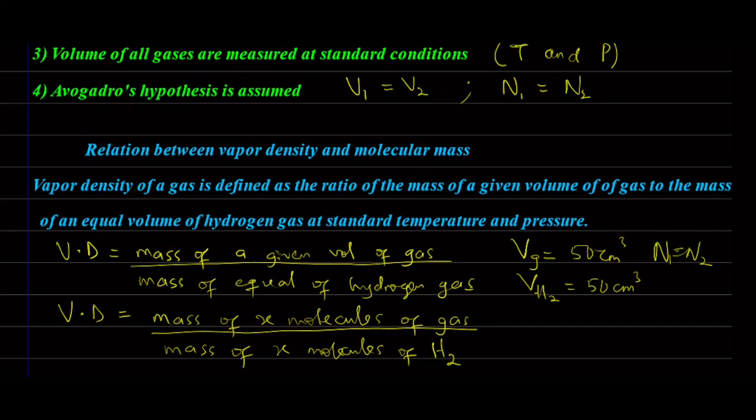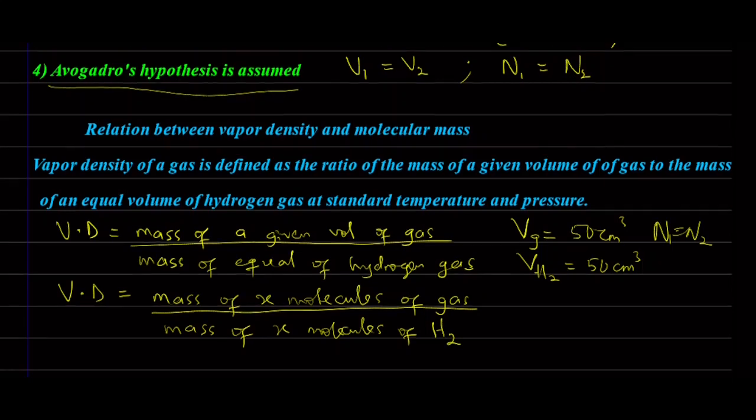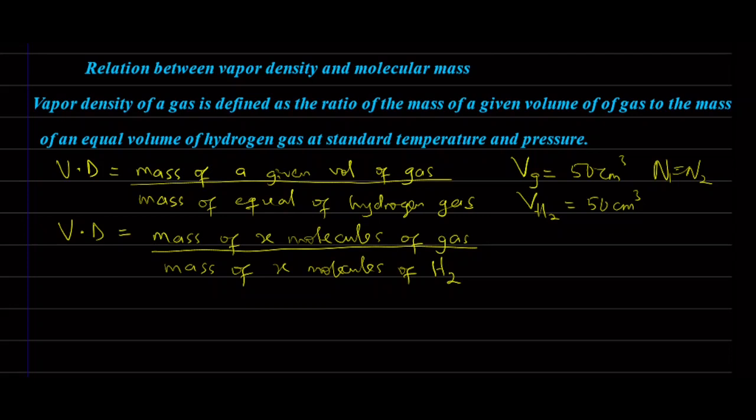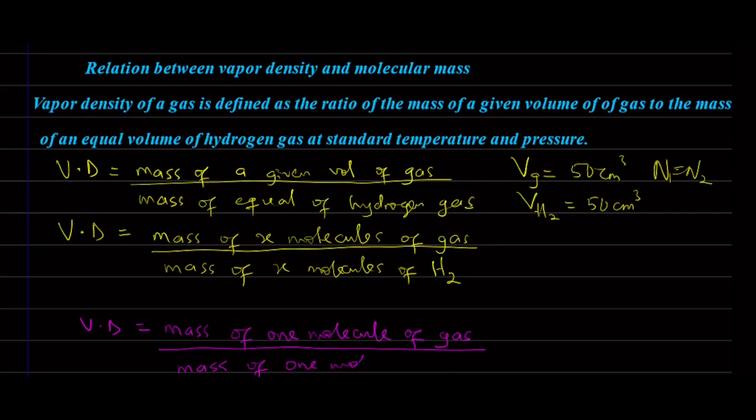That's to say that we have followed the fourth assumption, which says Avogadro's hypothesis is assumed. Now let's consider one molecule. Let's assume that the number of molecules involved is 1. That means vapor density is going to be equal to the mass of one molecule of the gas involved, which can be any gas, over the mass of one molecule of hydrogen gas.